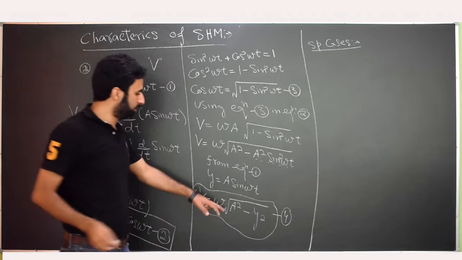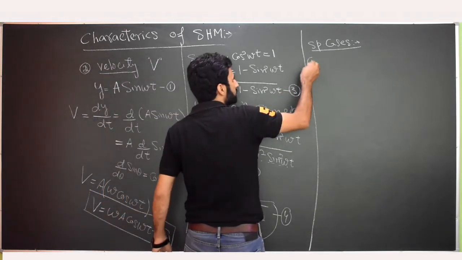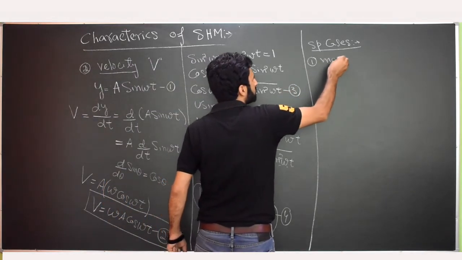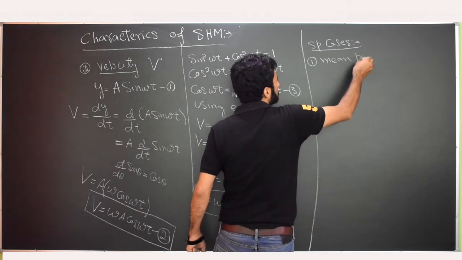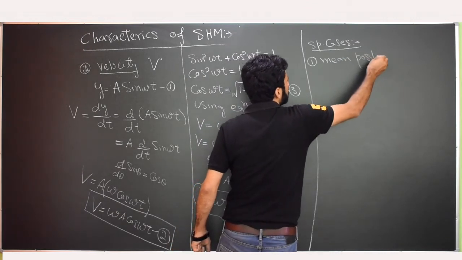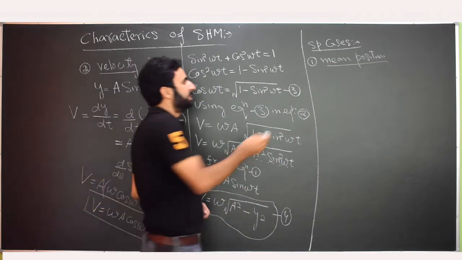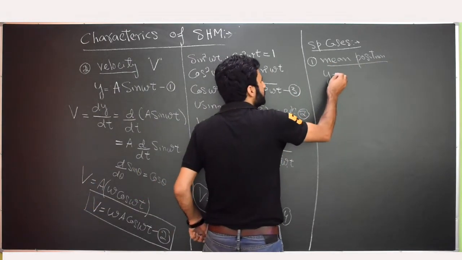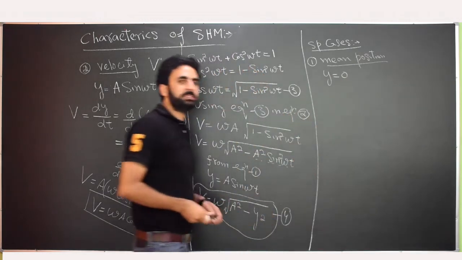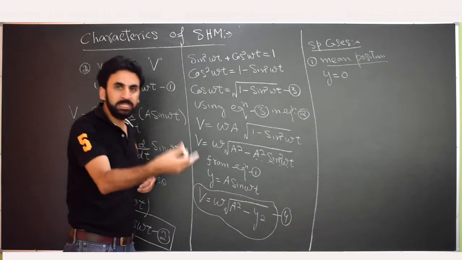Now in case we talk about the mean position, at mean position the displacement of a particle is 0. So we have to see what will be the velocity of a particle at mean position.